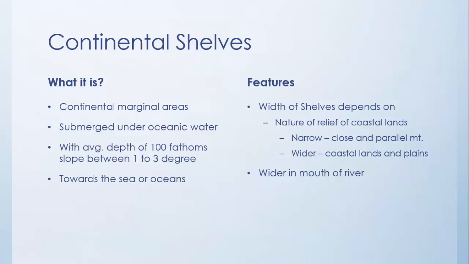First, we will see about the continental shelves. What are they? Continental shelves are the continental marginal areas which are submerged under the oceanic water with an average depth of 100 fathoms and a slope between 1 to 3 degree towards the sea or oceans.